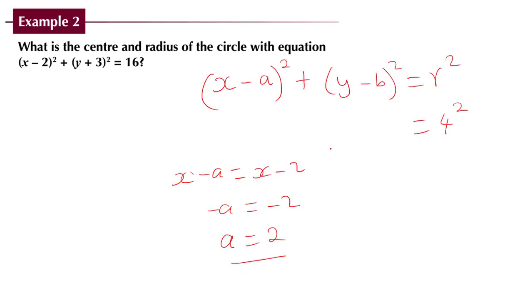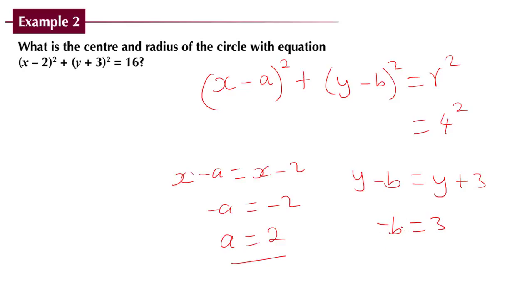You do the very same thing with this. So I've got y minus b equals y plus 3. We are trying to find what b is. Now y is equal both sides, so -b equals 3. And then what you do is make b the subject. At the moment it's -b, so you times both sides by -1.